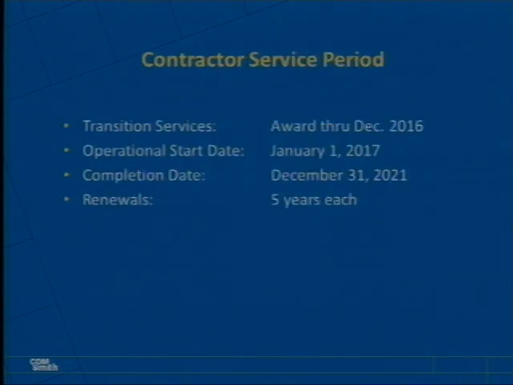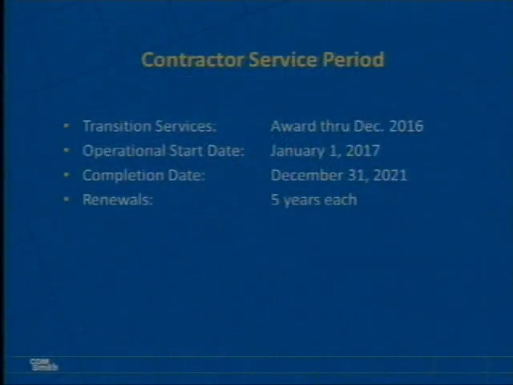The contractor service period for the new contract will start with transition services. Transition services are the things that we're going to ask a contractor to do prior to actually starting the operational date. It allows them to be ready to jump in and start right at the start of the date. I call it the readiness period. Those types of things during the transition period would be required of any contractor, be it the current contractor if they were an incumbent and then were hired again, or another contractor.